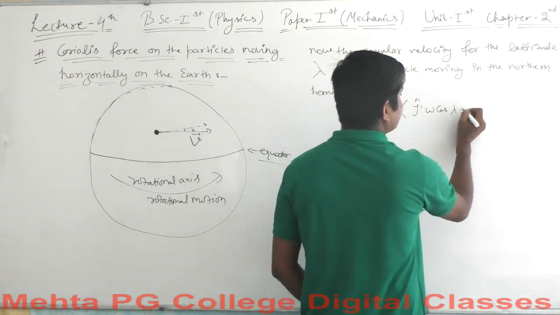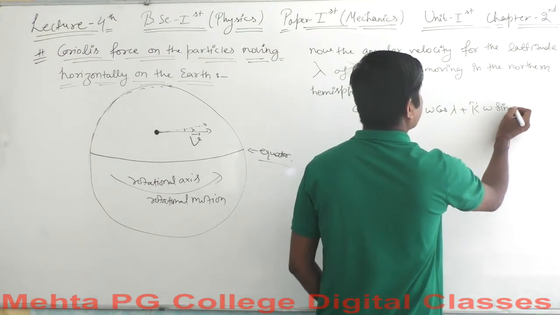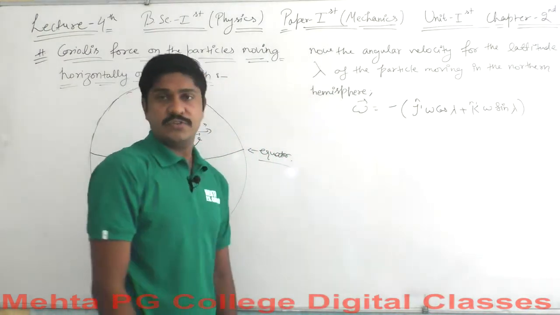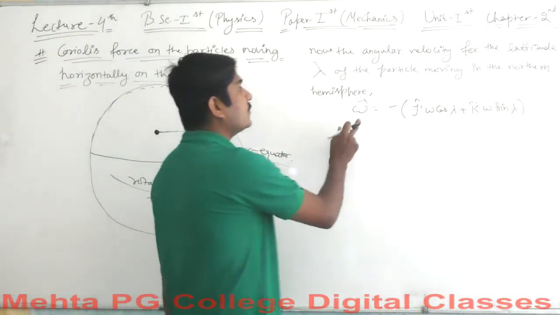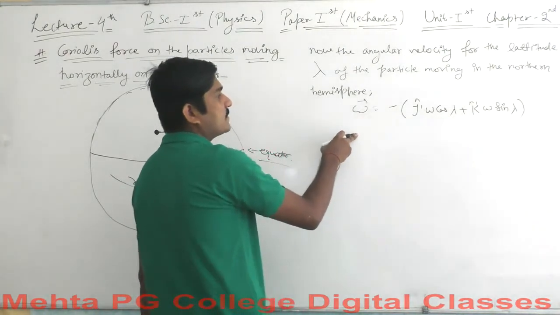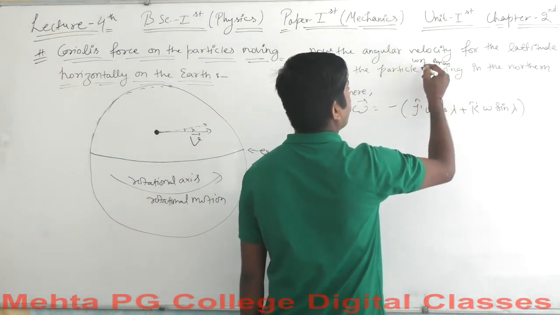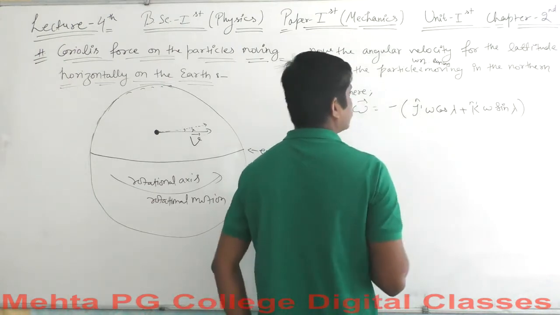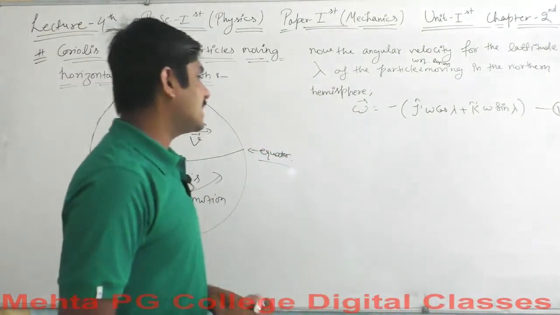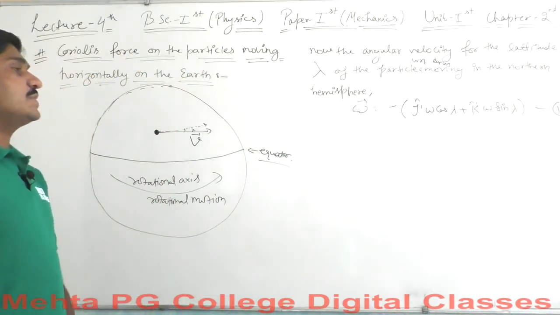This omega is for the rotation of the Earth. This is the angular velocity for the latitude lambda of the particle with respect to Earth, moving in the northern hemisphere. Let's say this is equation 1. Keep this result in mind, as we will use it throughout the expression.